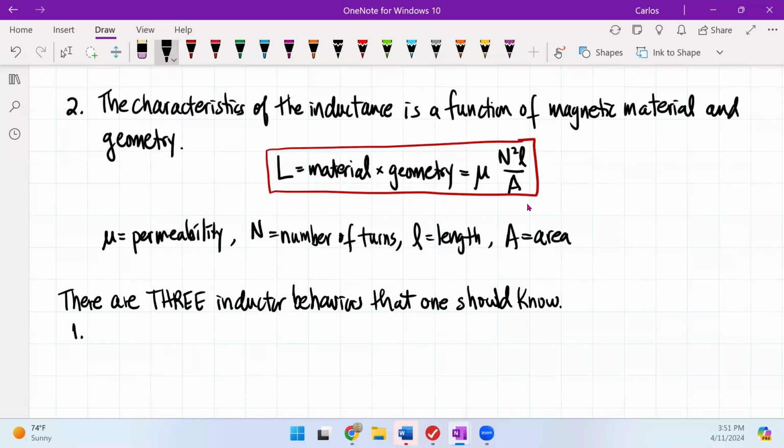One is, how does current flow in an inductor circuit?